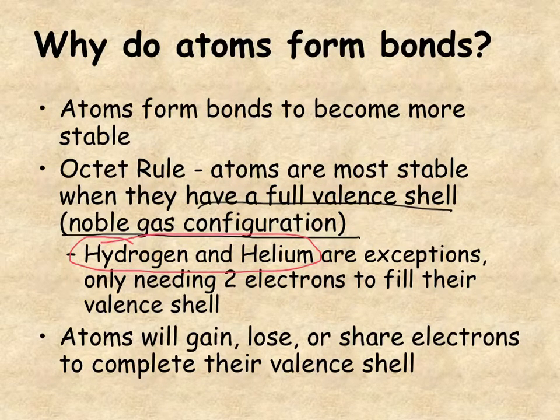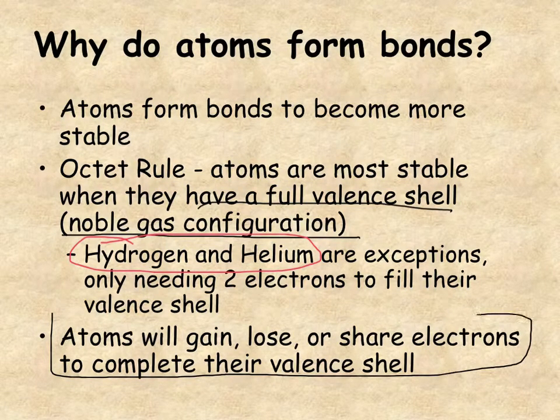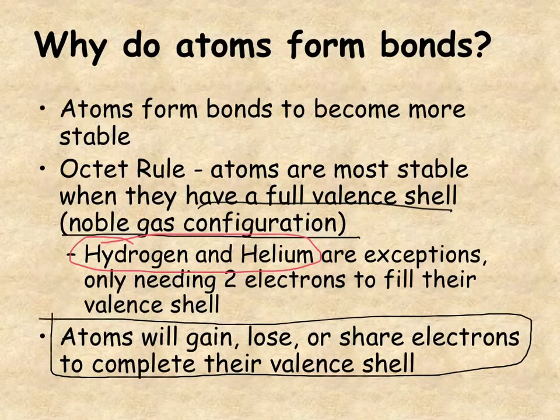Now, to achieve a chemical bond, atoms will either gain, lose, or share electrons so they can complete their valence shell. And that's how they form chemical bonds, by gaining, losing, or sharing electrons to complete their shell.